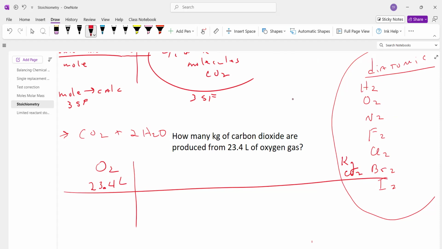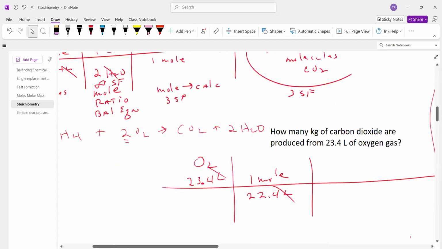All right, so first step, like always, liters to moles. And again, since this is a gas, we're going to assume it's at standard temperature and pressure. So that'll get us to moles. Next step is the ratio from the balanced equation between oxygen and carbon dioxide.